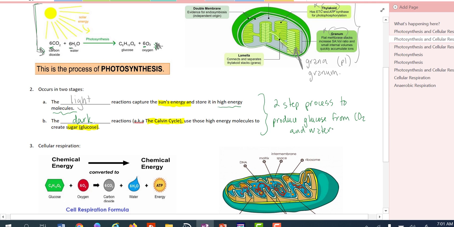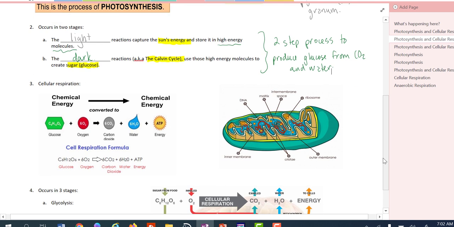Now, if you're a plant, that glucose is then going to be carried to the mitochondria where cellular respiration will occur.